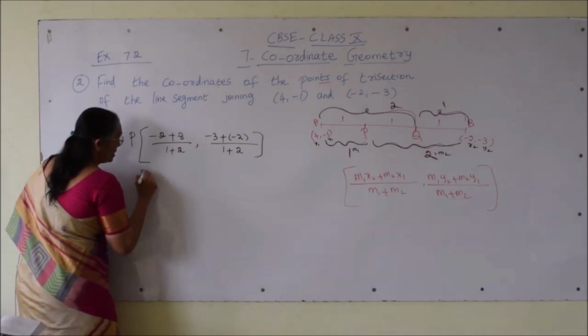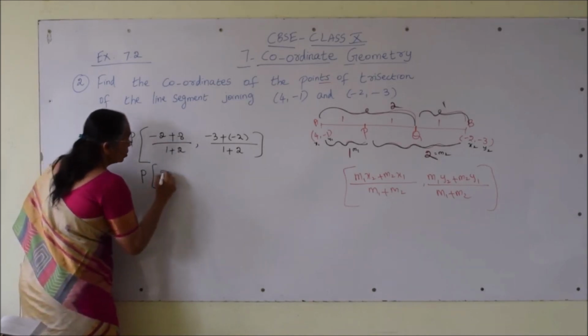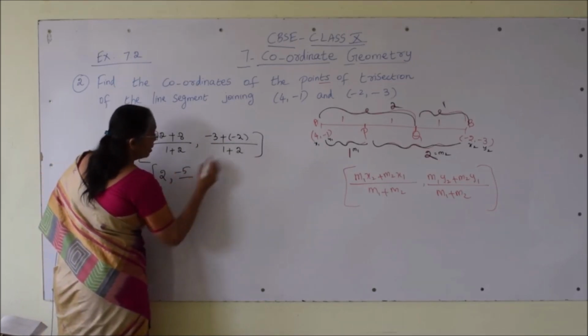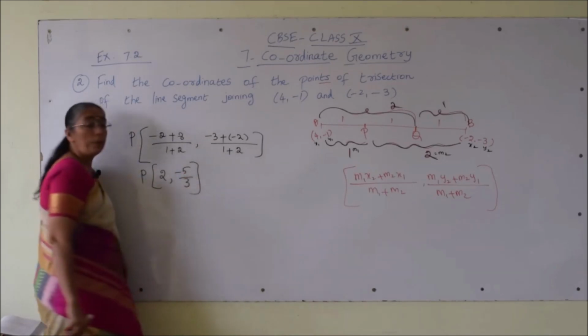So, the coordinates of P are 8 minus 2, 6, divided by 3, which is 2, comma, -3 minus 2, which is -5, divided by 3. So, we got one point P.